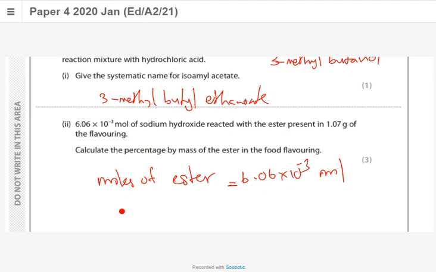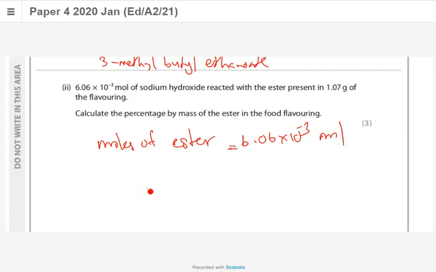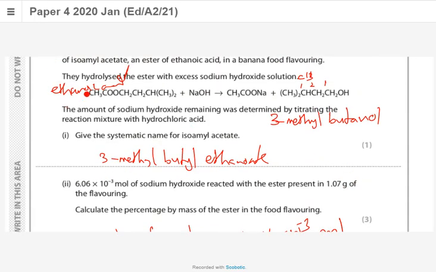That's the moles, and then have they given the molar mass? Where to find the molar mass? What's the molar mass of the ester? Then we can find the mass. So 1, 2, 3, 4, 5, 6, 7, 12 times 7, 5, 6, 7, 8, 130, right?